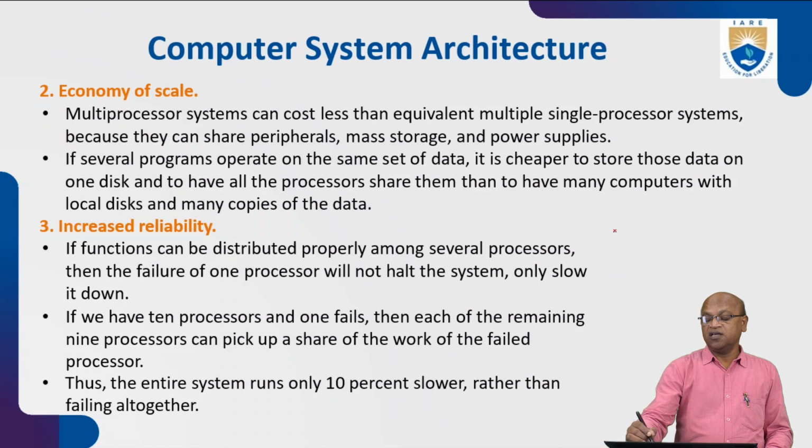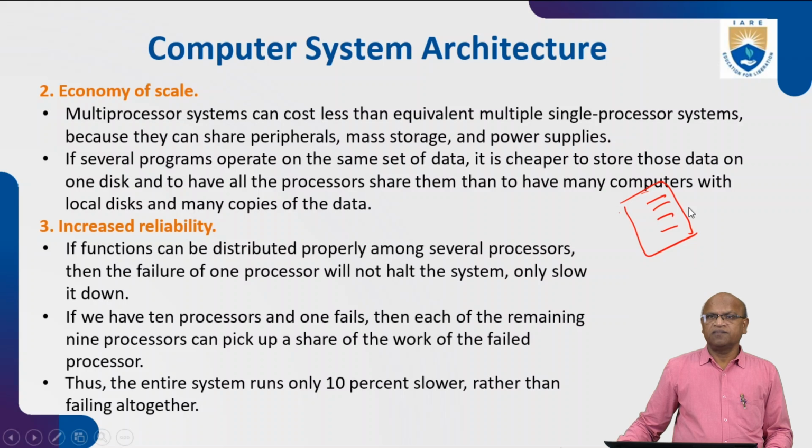So what I want to say is, suppose there are multiple processors in the system and a program is shared in the memory. This program will be for execution, and they will share this memory. That's simple.